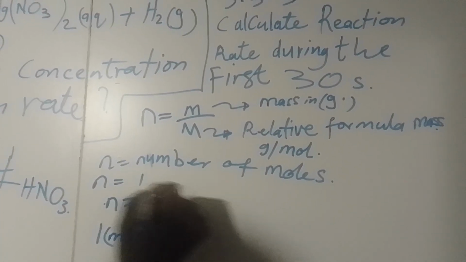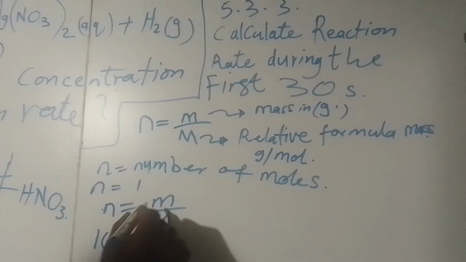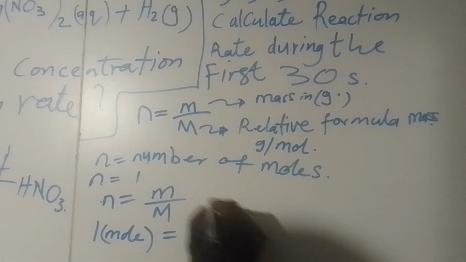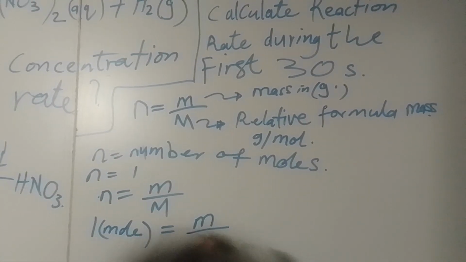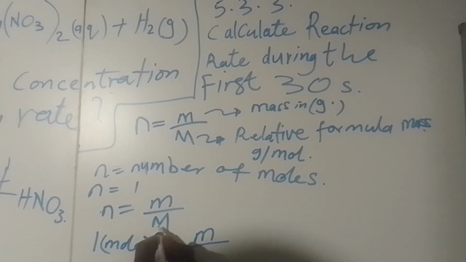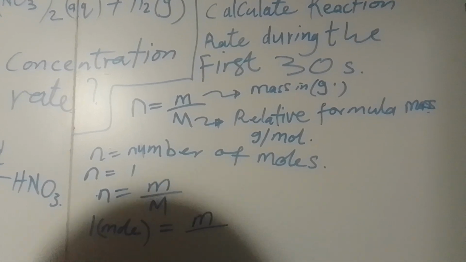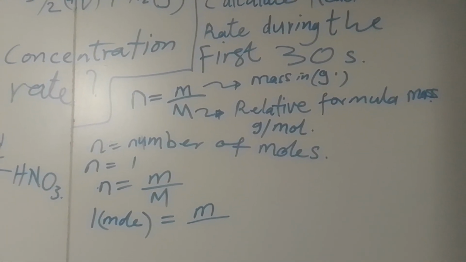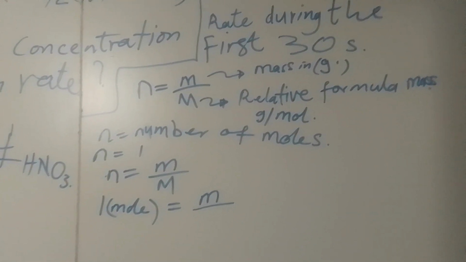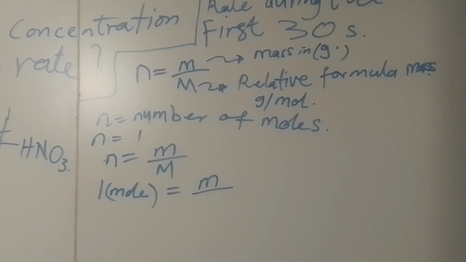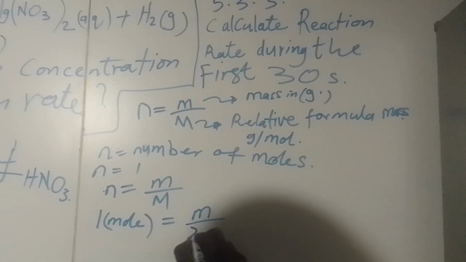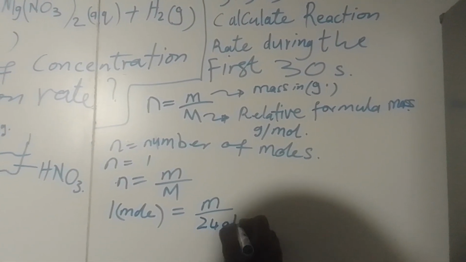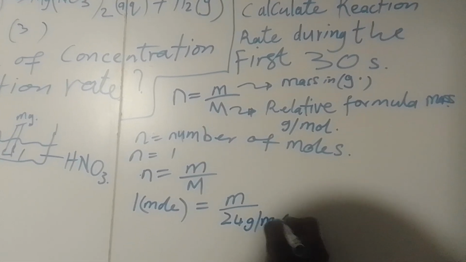to the relative mass. We don't know this. The mass of this magnesium strip, we don't know how much of it we have used, but the relative atomic mass, if you go to the back of your page, you are going to find out that it is 24 grams per mole.